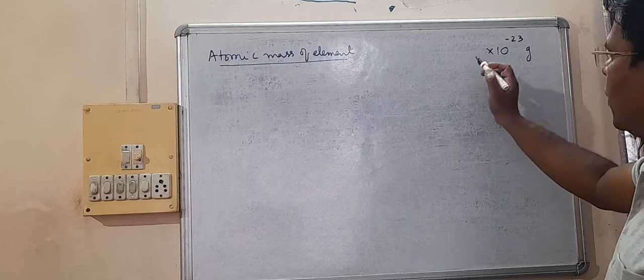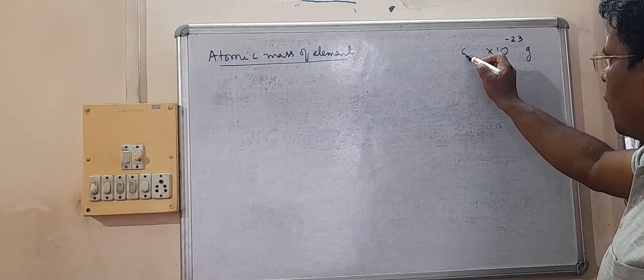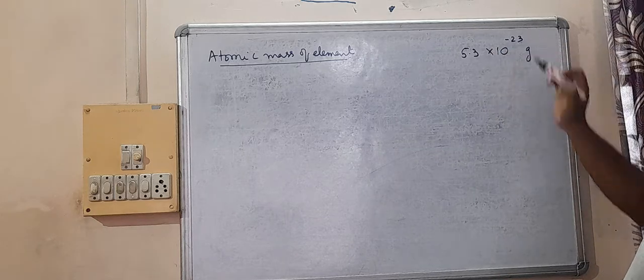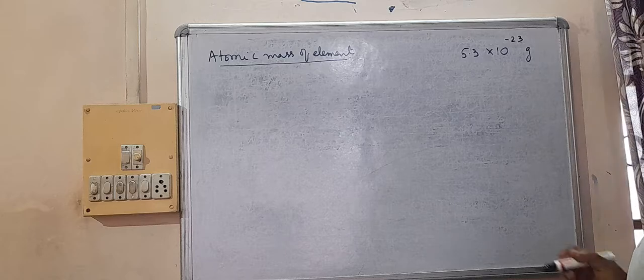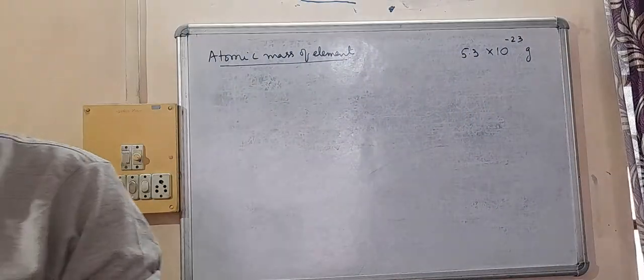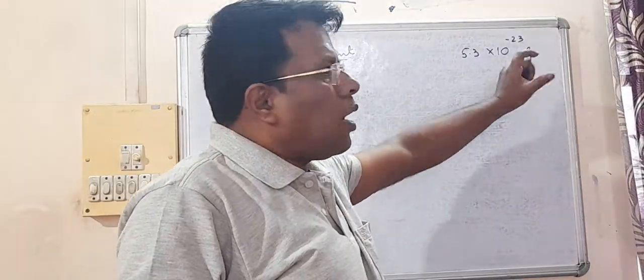Mass of an atom is of this order, say 5.3 into 10 to the power minus 23 gram. So like this value is the mass of an atom. So it's very, very small. You see, 10 to the power minus 23 gram, very, very small.